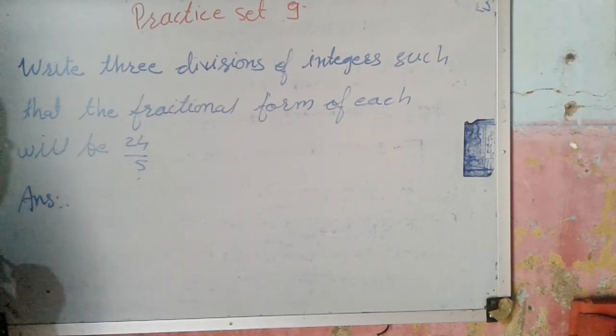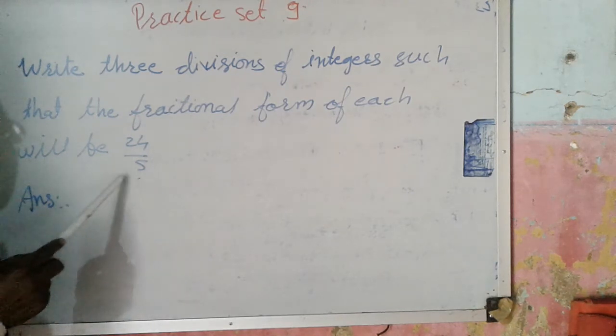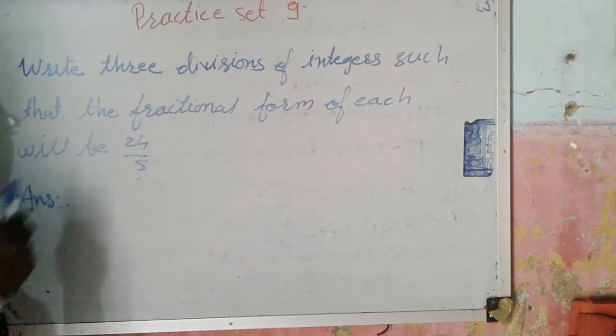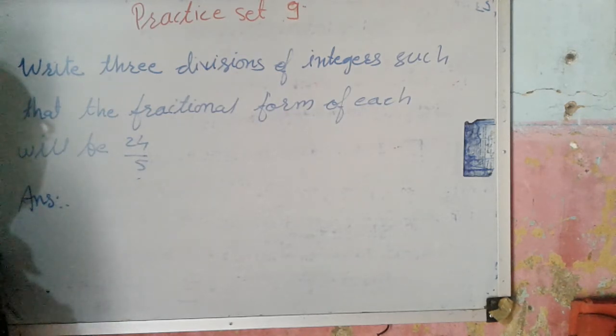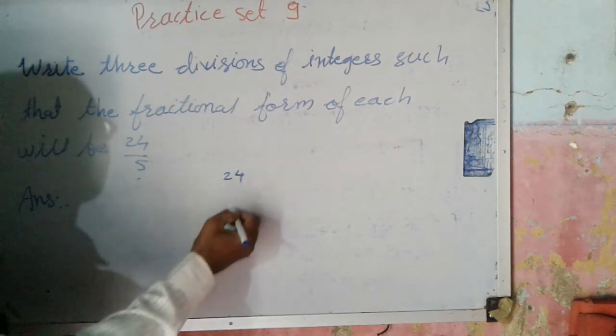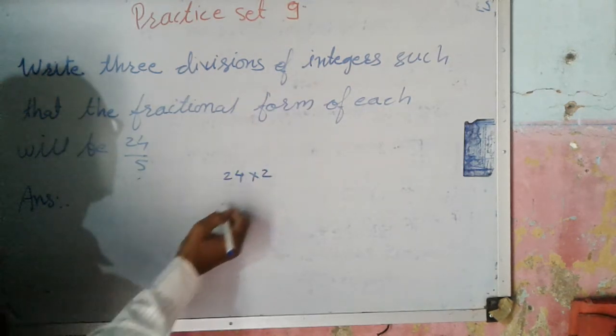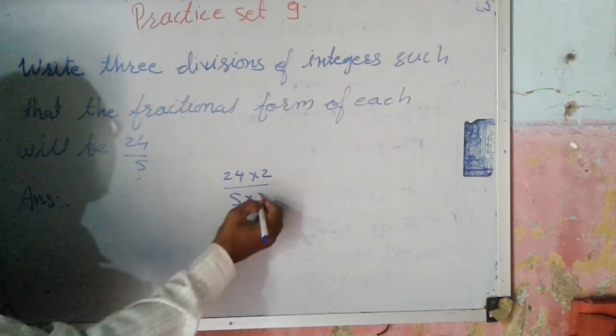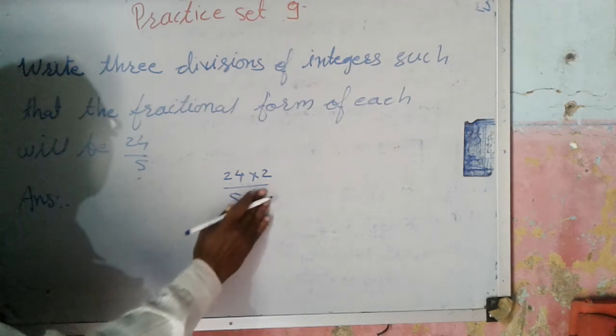For that, we can choose the numbers which are the same multiples of 24 and 5. For example, here 24 into 2 divided by 5 into 2.